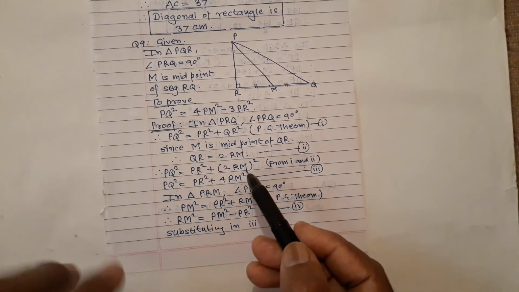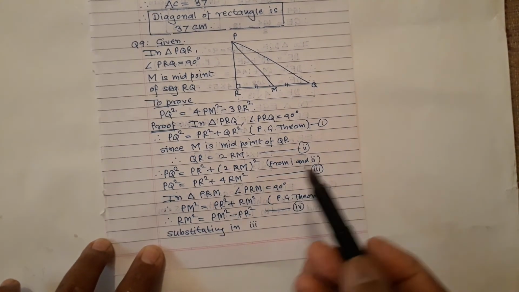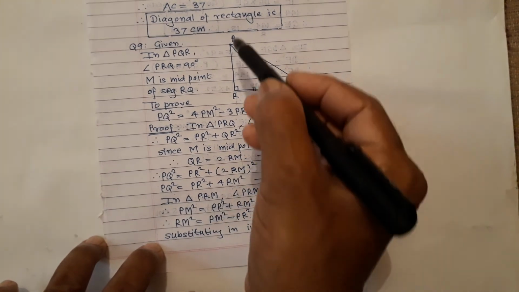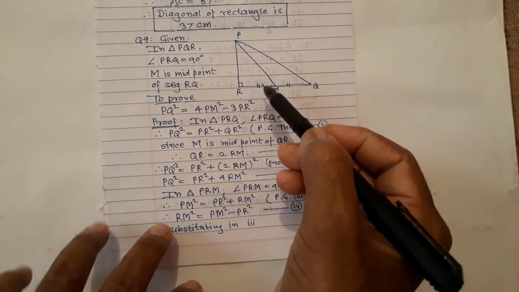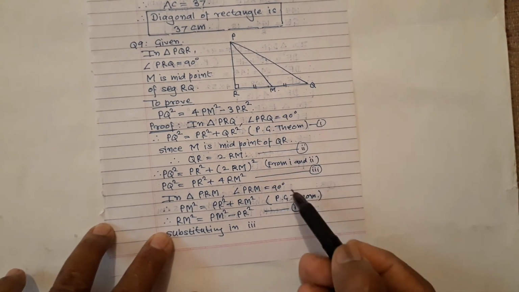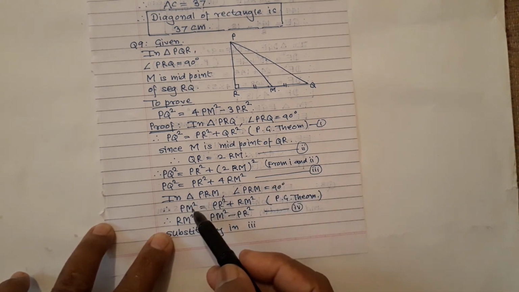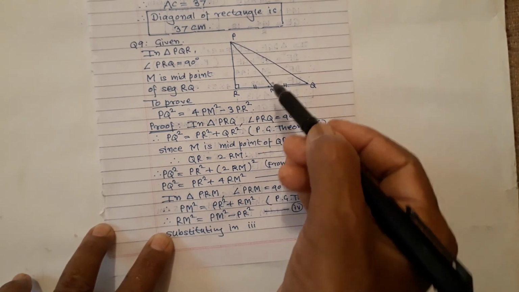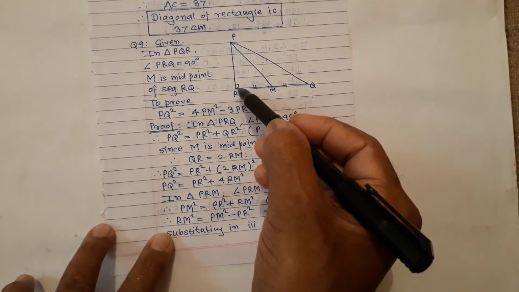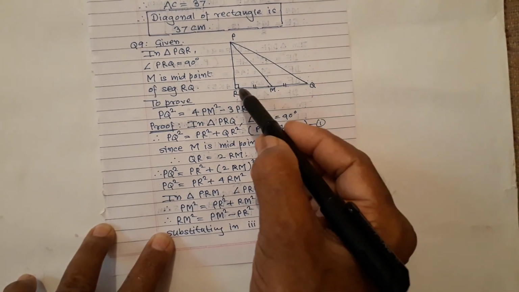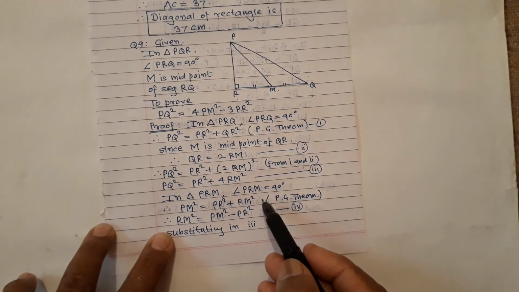Okay, then statement number 3. In triangle PRM, this smaller triangle, angle PRM is equal to 90 degrees, and therefore PM square is equal to PR square plus RM square.